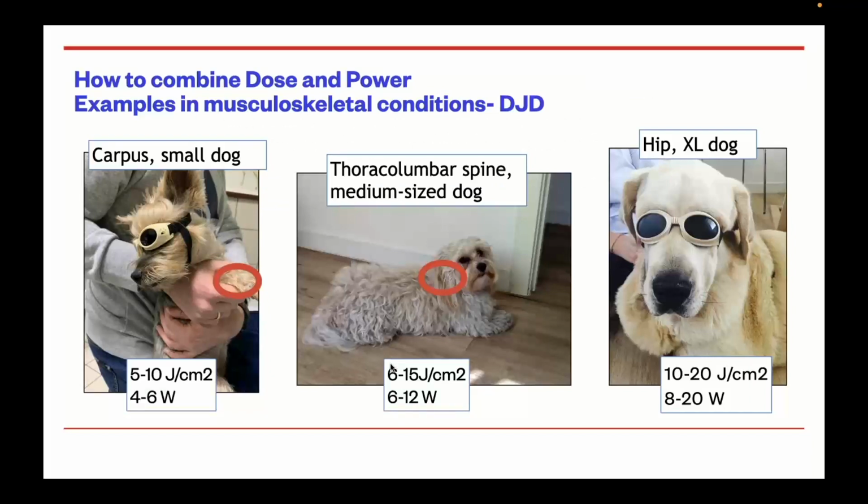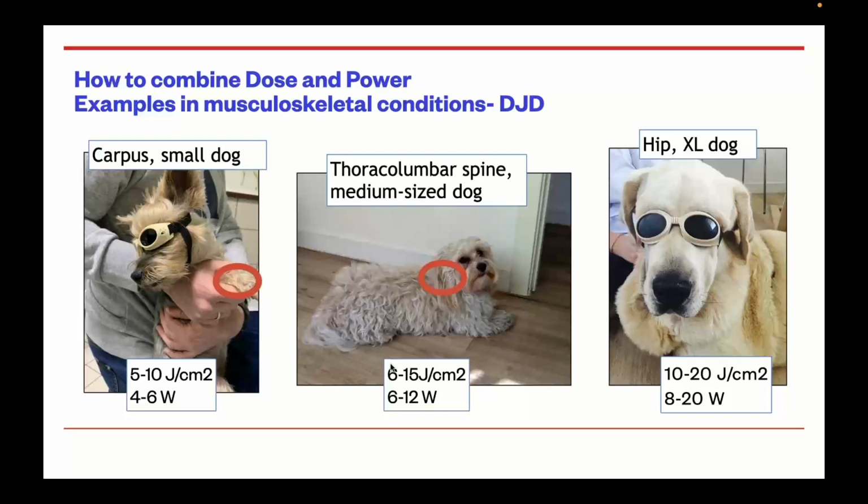These would be some examples of how we can combine dose and power for the treatment of degenerative joint disease as an example of treating chronic deep conditions. In a small-sized patient, we would use a dose of 5 to 10 joules per square centimeter, and around 4 to 6 watts would be enough.